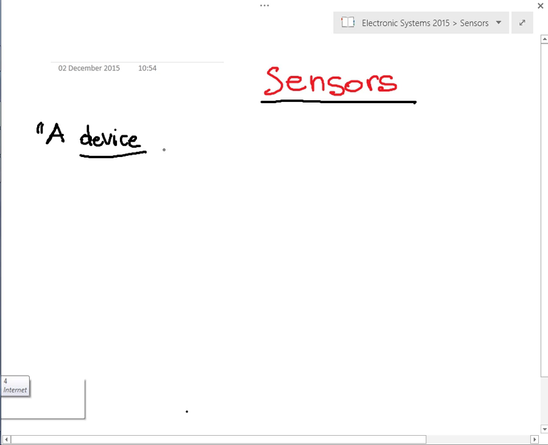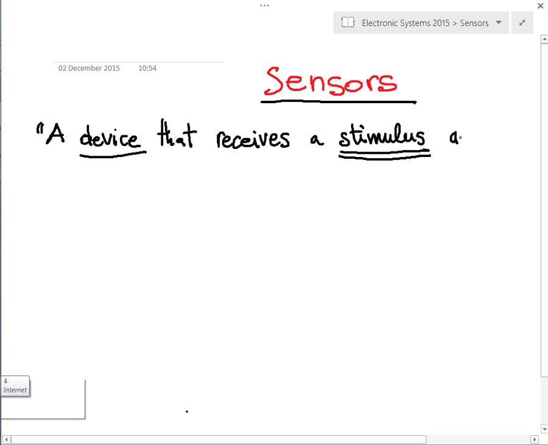A device is a system that performs a function that receives a stimulus and responds with an electric signal.